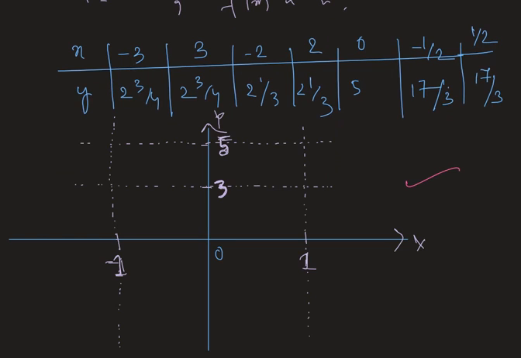Why? Let's see. When the values of x are from minus infinity to less than minus 1, then the slope is negative.